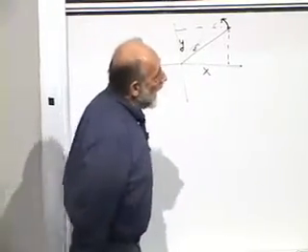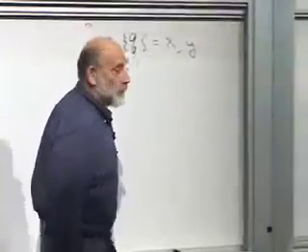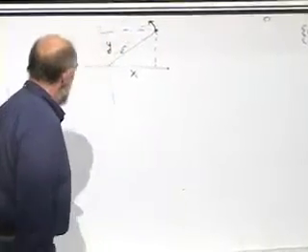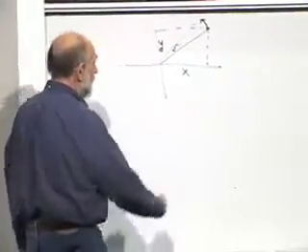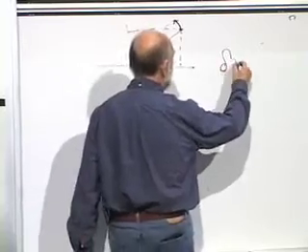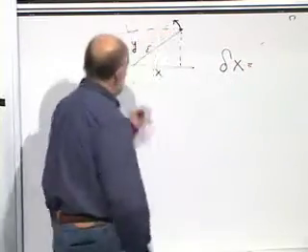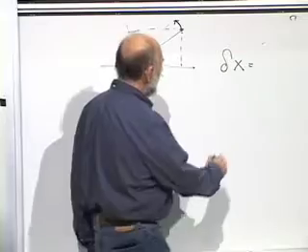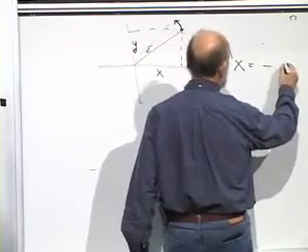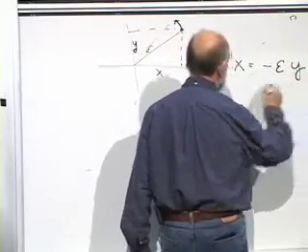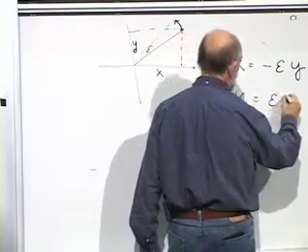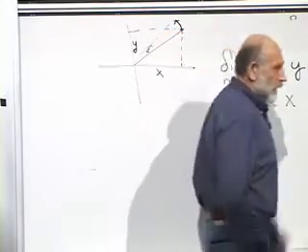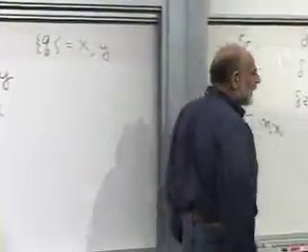A while back, I wrote down what the mathematical rule is for the rotation. I'll write it down again for you. Delta x is equal to the small angle epsilon times y, and delta y is equal to epsilon times x. Now, you can work this out using a little bit of trigonometry.